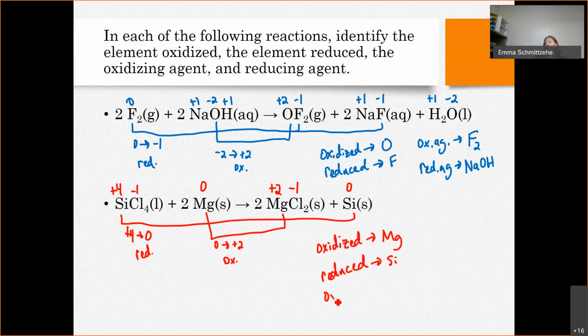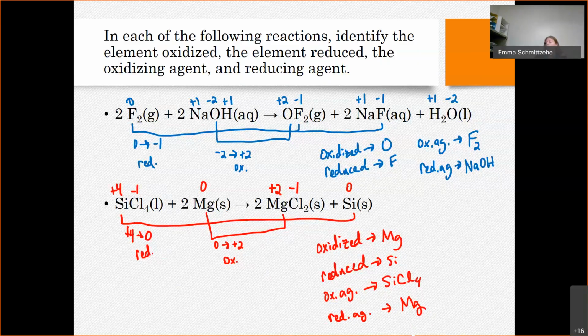And then the oxidizing agent must be what is allowing the magnesium to be oxidized, so that's the other reactant, silicon tetrachloride. And then the reducing agent is what's allowing the reduction to occur, so it's the reactant that has the oxidized element. That is the magnesium.